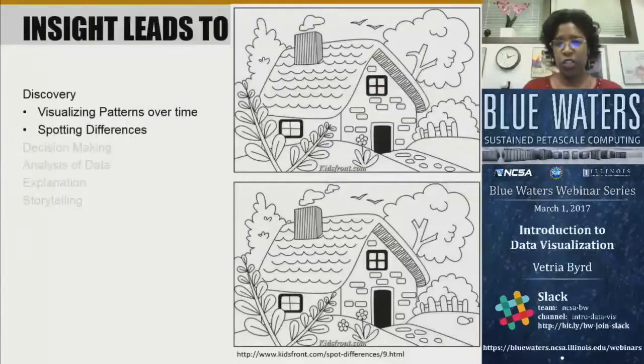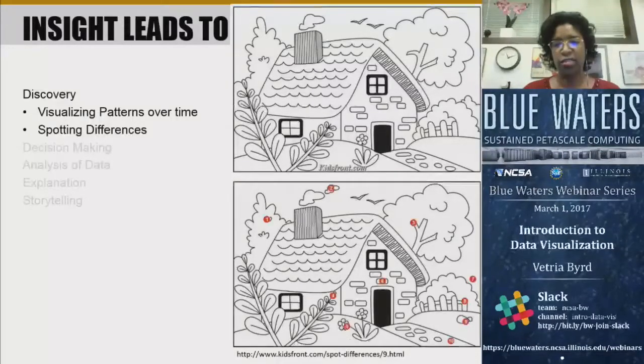So insight leads to discovery, visualizing patterns over time, specifically spotting differences. And so this is a very simple example that I've provided here. The idea is to be able to pick out those differences between those two pictures there. And if you weren't able to identify them, on the next slide you can see I've identified them.